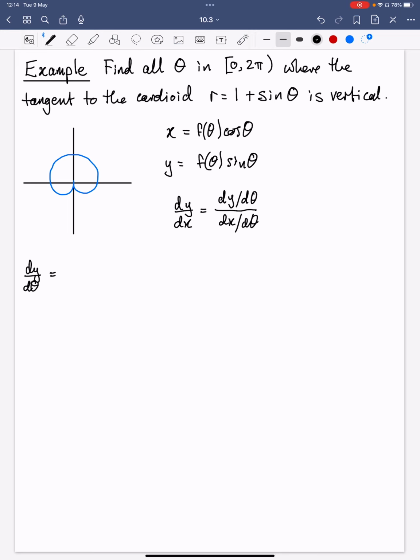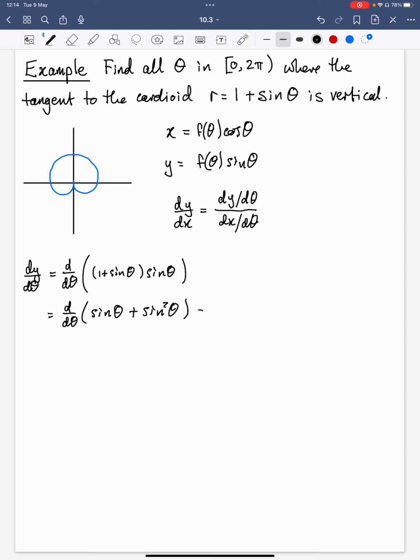So let's do y first. It is d by d theta of 1 plus sine theta, times sine theta. So let's do that out. It's probably easier to do it like this: d by d theta of sine theta plus sine squared theta.